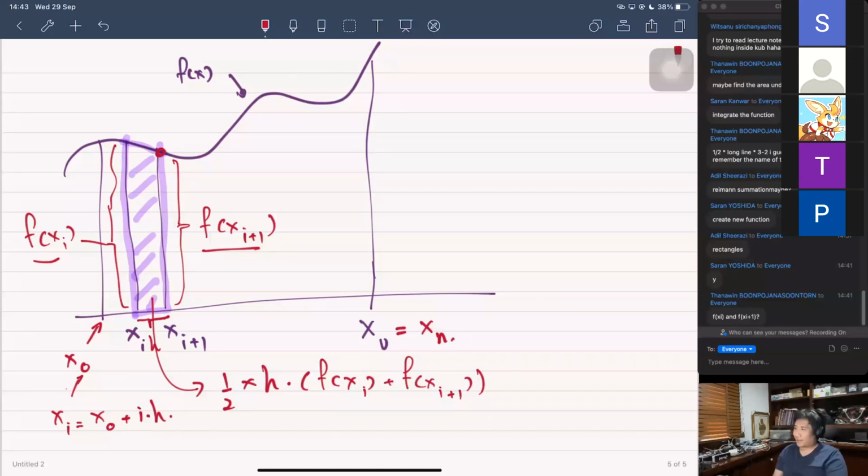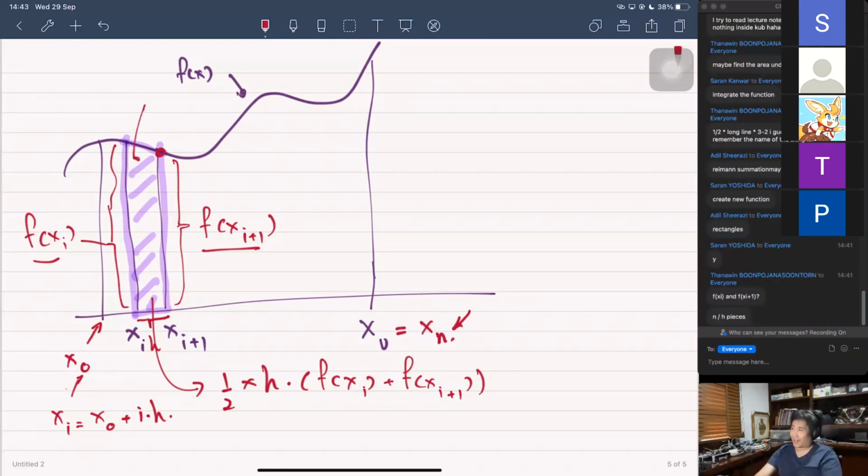So let me ask you, how many pieces are there if there are n over here? n, or n plus 1, or n minus 1? How many trapezoids are there? When you think about a problem like this in an abstract way, this is what you should do.